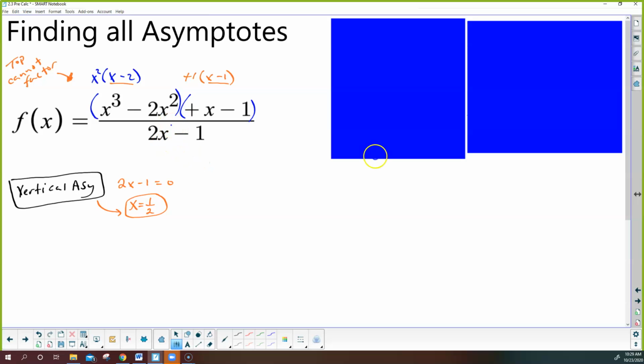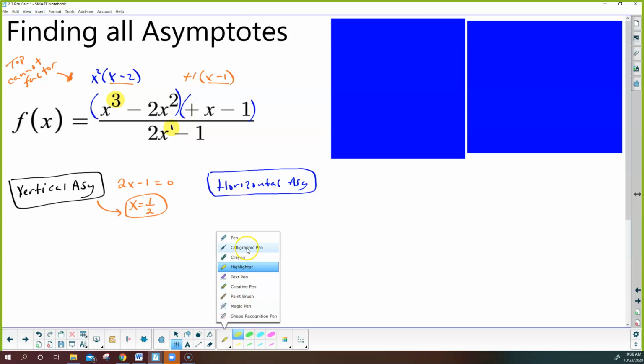So now we're going to compare the degree on top to the degree on bottom for the horizontal asymptote. The degree on top is 3, the degree on bottom is 1.